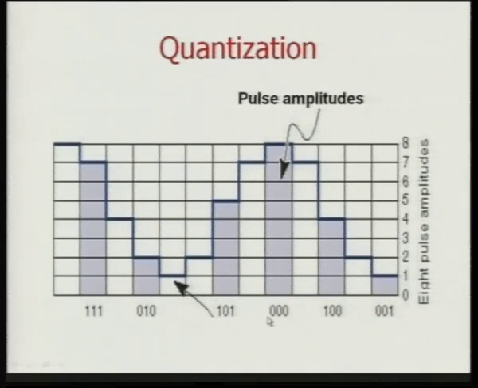After this process of quantization you would get a list of these binary values: 111 followed by 010, then 100, then 010, then 001 and then 010, 101.